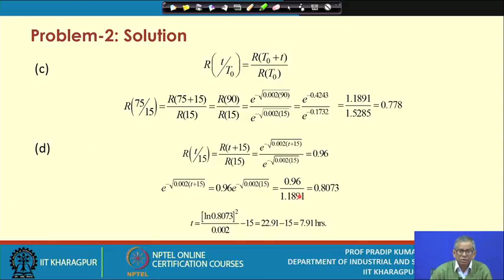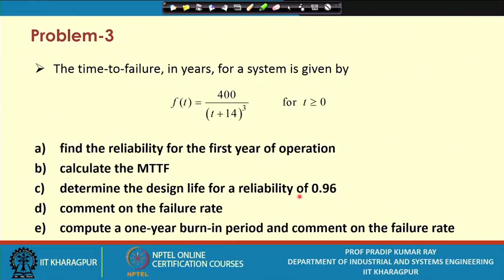So that is your observation, that is your interpretation. So what you might conclude is that this component is not acceptable as far as its reliability is concerned. Such conclusions you are required to make when you carry out such analysis.